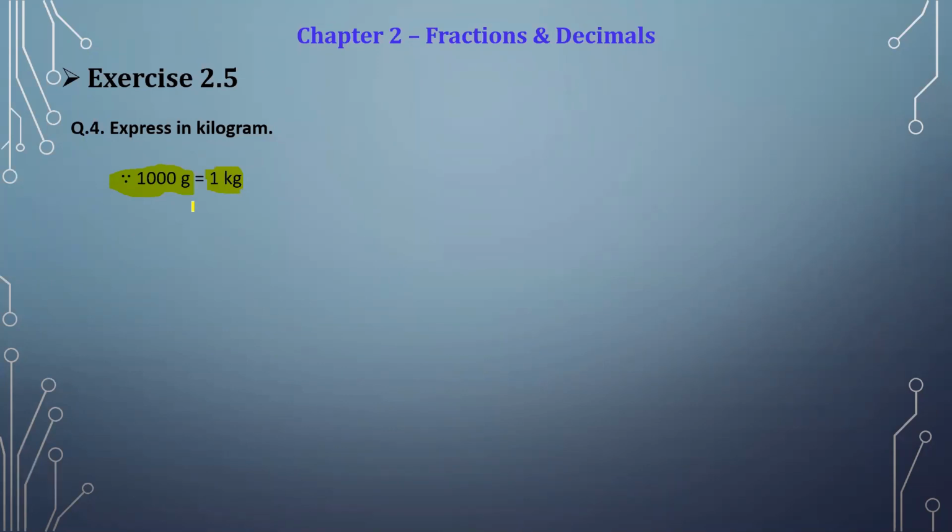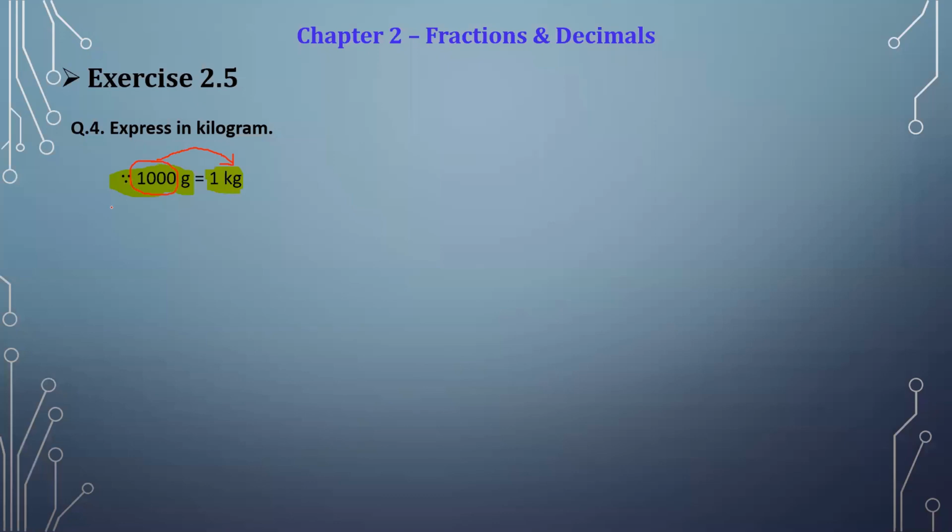Now, from this relation, we are going to calculate the value of 1 gram. For that purpose, there is nothing to do. We have to just shift this 1000 from the left hand side to the right hand side. That means we are going to transpose that 1000.